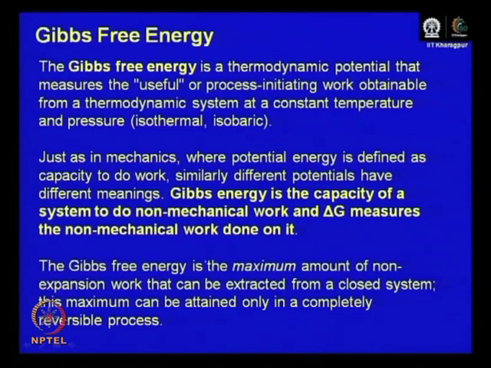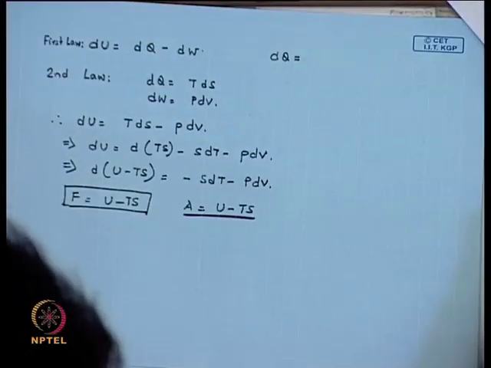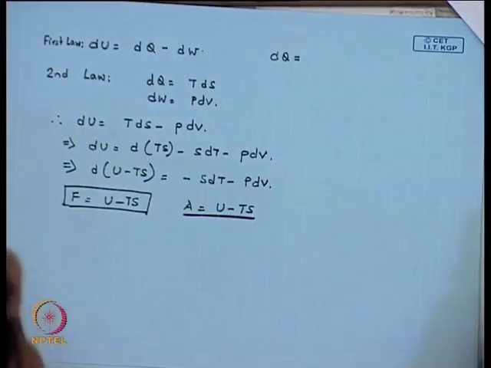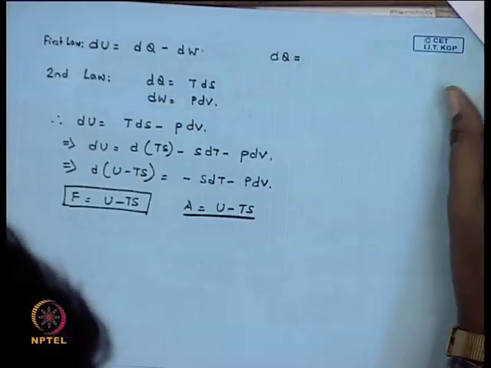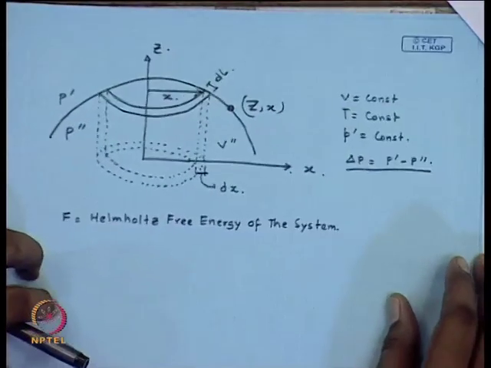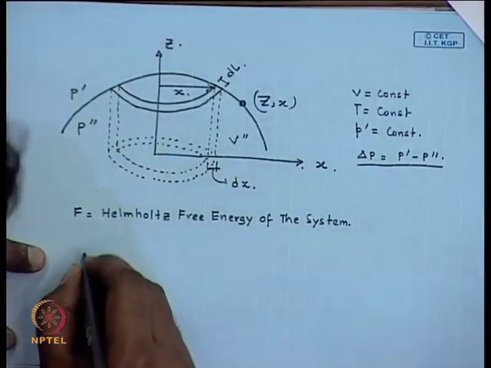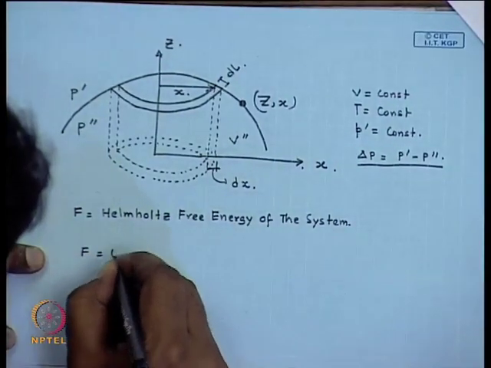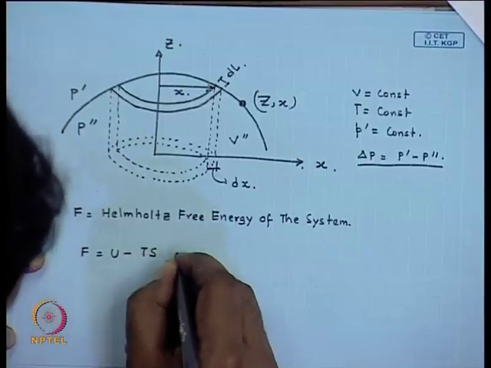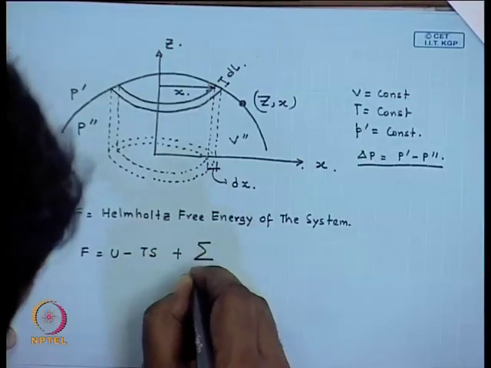Now, since we are looking at the mechanical work, it is an expansion type of work. So, we have to consider the free energy based on the Helmholtz free energy. A Gibbs energy formulation will not suffice. So, if you look at the total Helmholtz energy of the system, you have U minus TS plus a term.